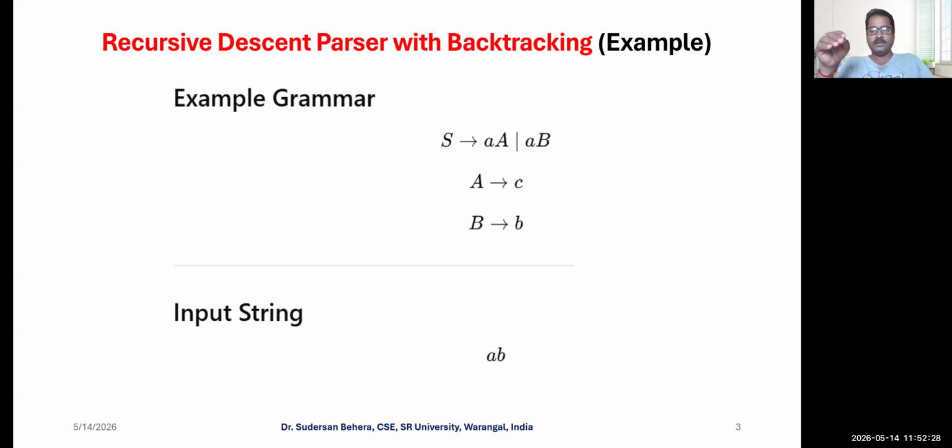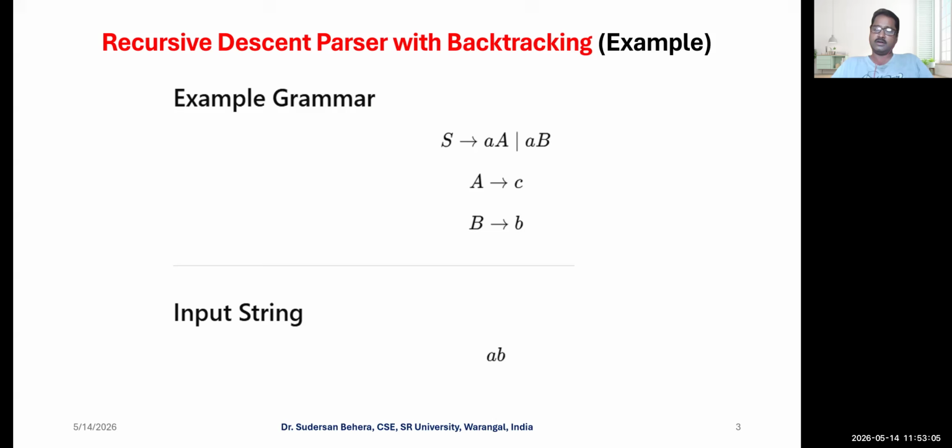Okay, now what does the parser have to do? The parser has to completely remove that production, small a followed by capital A. And it is going to select capital S derives small a followed by capital B. Later on, it will replace capital B by small b, and the total string can come out.